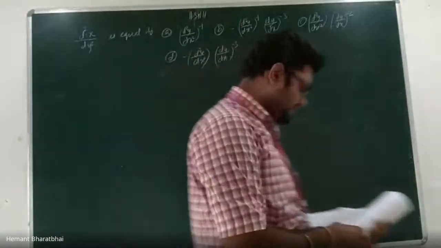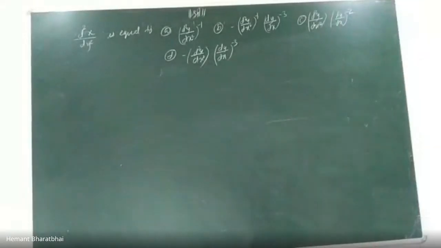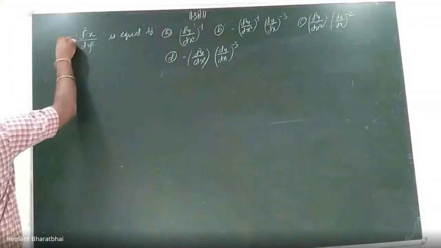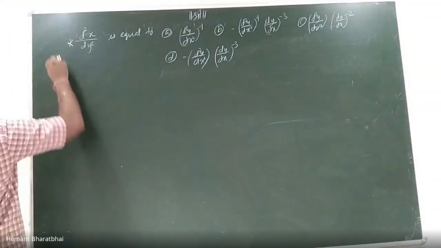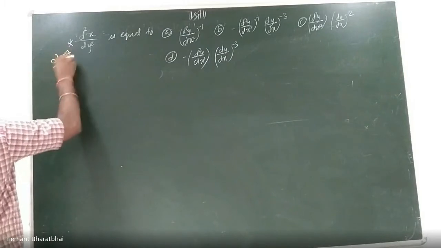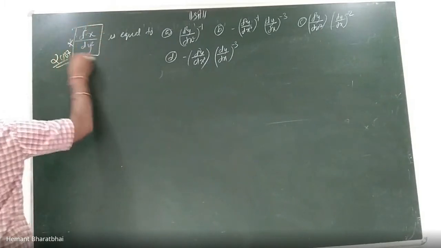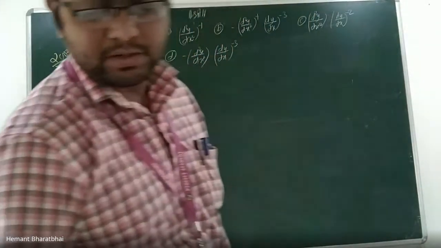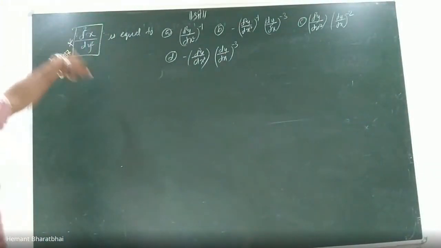This is a good one and a tricky one also. This has come in the year 2007. See, here the question is giving d2x by dy square, meaning derivative of x with respect to y, and that also written d2x by dy square.